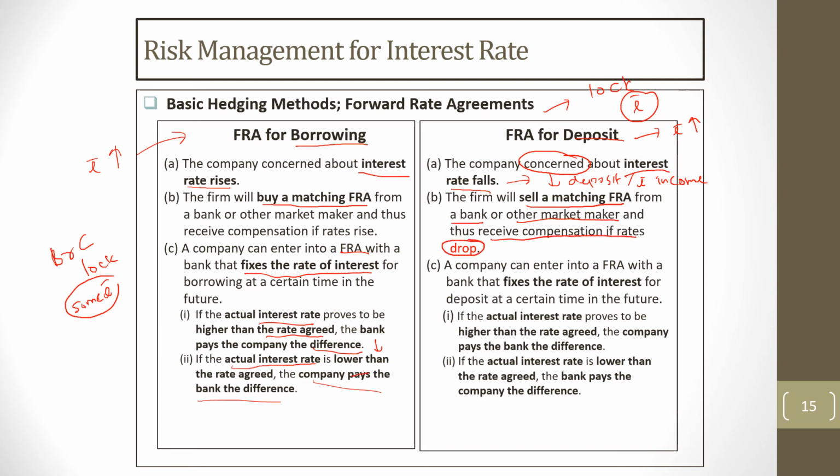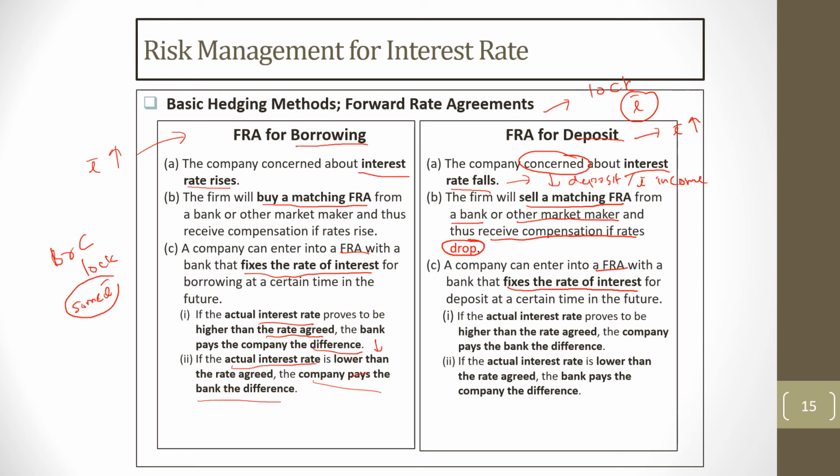Okay, so ini dia punya apa tindakan firm, dia akan sell a matching FRA daripada bank kalau the rates drop. Okay, so the company can enter into FRA with a bank that fixes the rate of interest for deposit at a certain time in the future.